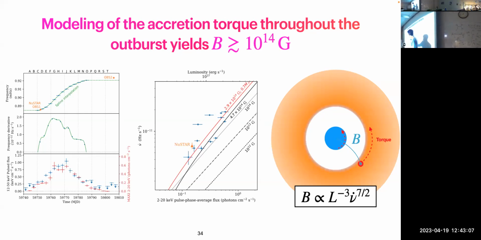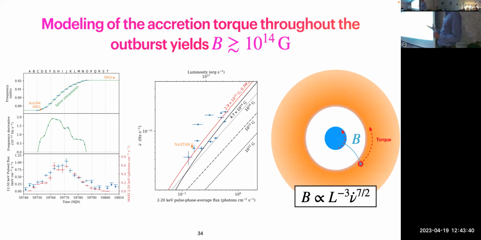So at a high luminosity, our derivative of our frequency is high, right, et cetera. And so what that's indicating is that this spin up that we see is due to the accreting material actually exerting a torque on the neutron star. And as I said before, luminosity or brightness is directly proportional to the accretion rate. So at a higher accretion rate, faster spin up. Okay, and so there are a few different models for understanding this spin up rate.